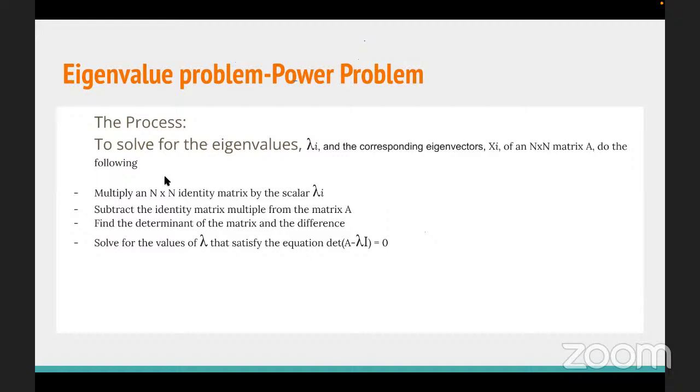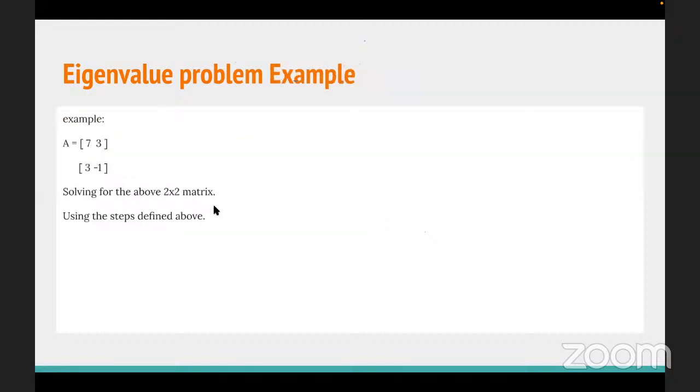Then we subtract the identity matrix multiple from the matrix A. Then we find the determinant of the difference. Then we solve for the values of lambda that satisfy the equation determinant of A minus lambda I equals 0. These are just steps. We're going to explain them one by one and follow it.